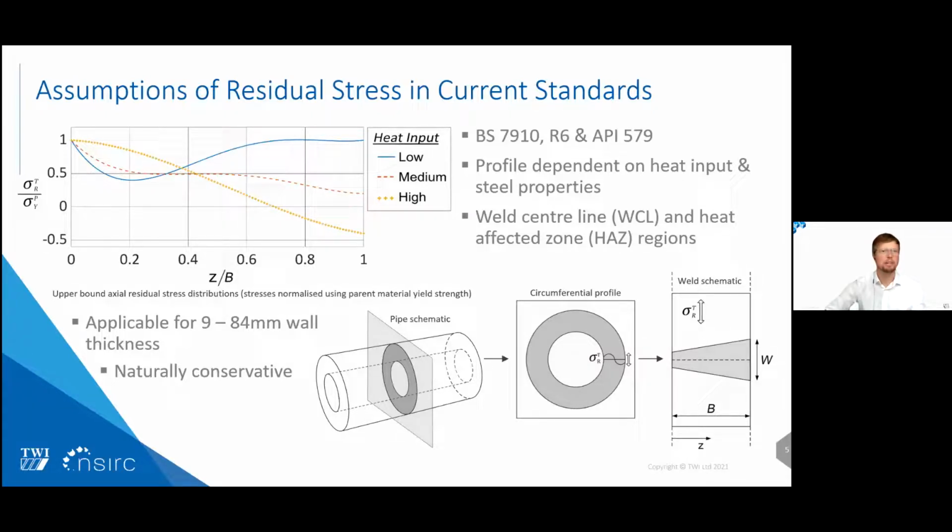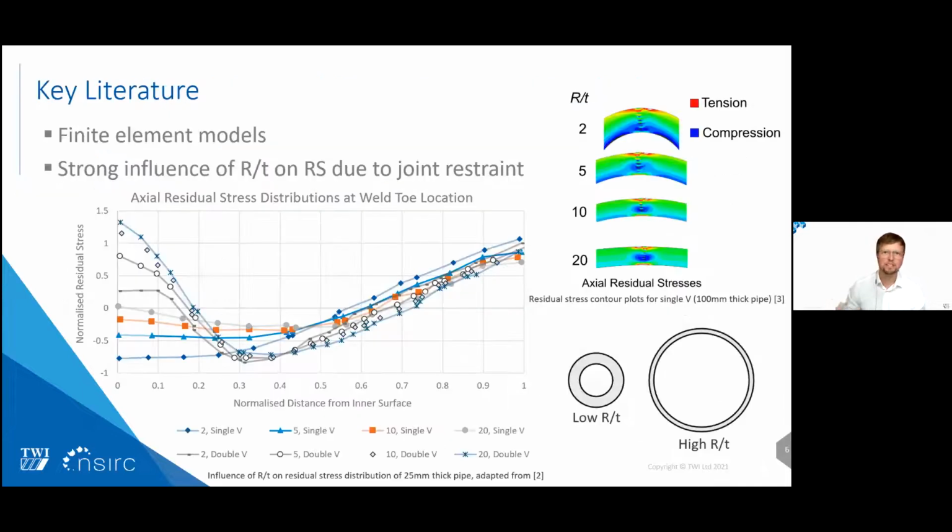As I mentioned, these are naturally conservative, so we want to try and be more realistic with our residual stress assumption. Some literature surrounding this topic is the work from Pishu Dong, and there's been quite a lot of interest in this parameter called R/T, which is the outer pipe radius divided by its wall thickness. As you can see in the bottom right, these can vary quite a lot.